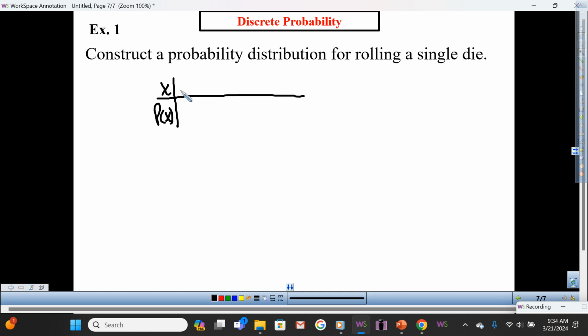We got X, but what goes on top for rolling a die? One what? Oh, 1 through 6. 2, 3, 4, 5, 6. All right. Tell your neighbor the probability for each of those. Dylan, go.